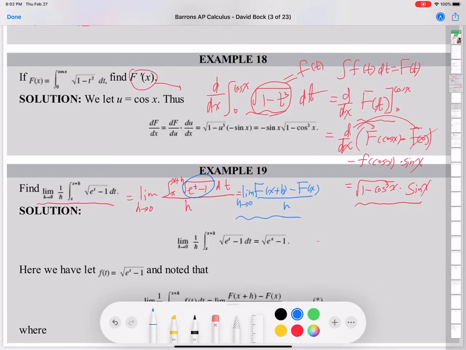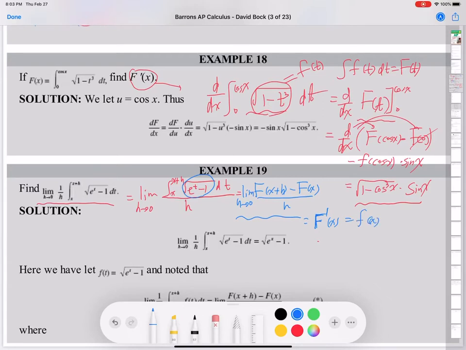This is exactly what? The definition of the derivative. This is the f prime of x definition, right? So it is capital F prime of x. It is the limit definition of the derivative.